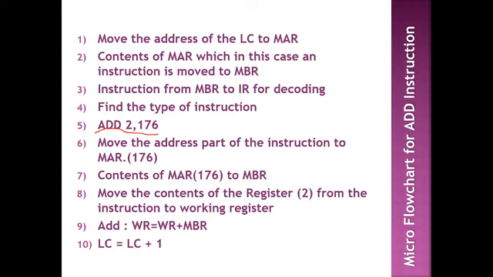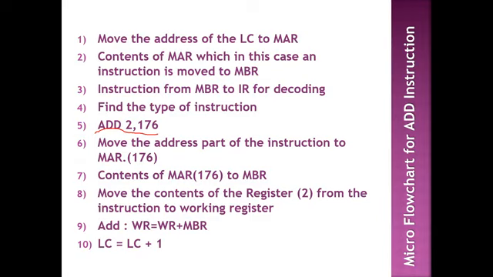Let's take a simple example. Add 2 comma 176. So what happens? Add the contents of memory location 176 with the contents of register 2 and then store the result also in register 2. I told you there are 0 to 15 general purpose registers, so totally 16 registers. In microprocessor we had B C D E H L, but here there is no alphabet, we are only going to be using numbers.